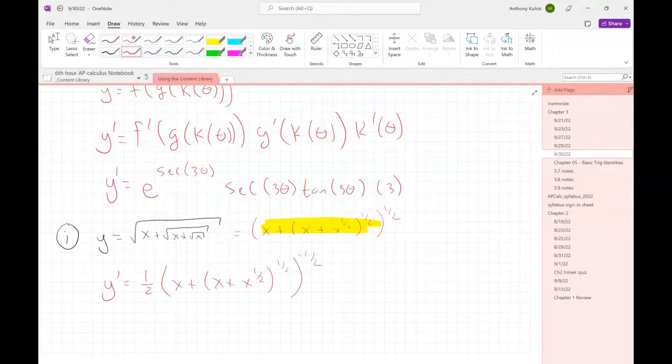So there's the derivative of the outside. Now when I take the derivative of the stuff in yellow, I'm going to get 1 plus, and then to do the derivative of this piece now is going to require another chain rule.